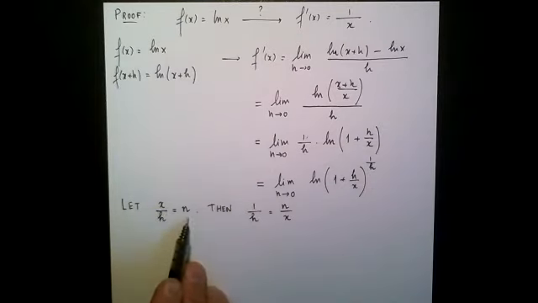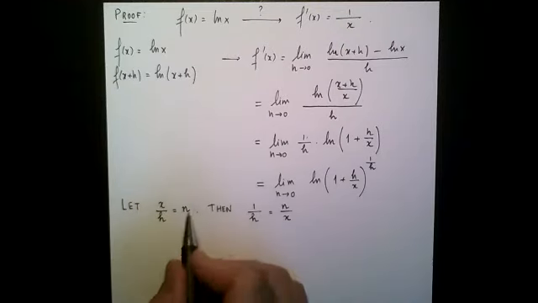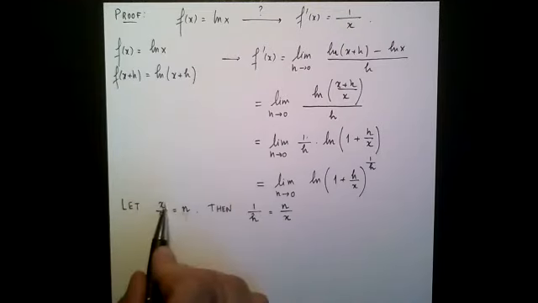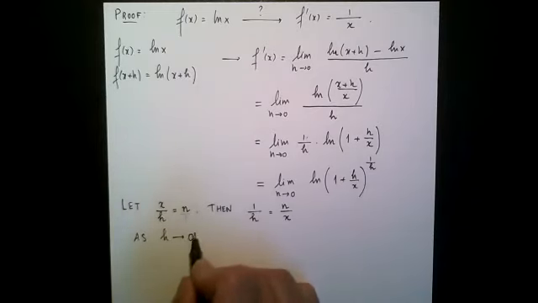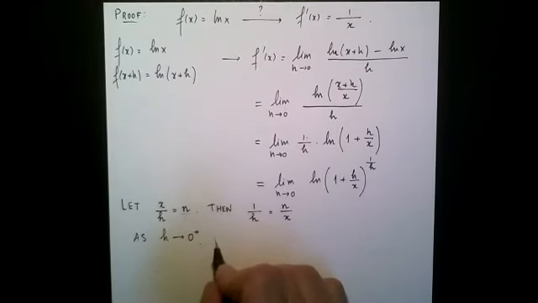You send the x to the bottom, cross multiply, so n over x equals 1 over h. And what I can notice here is that as h approaches 0 from the right, well, n approaches what?